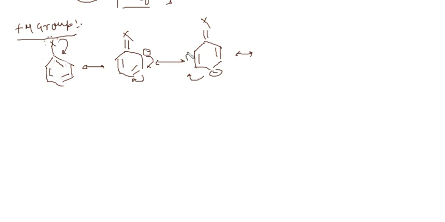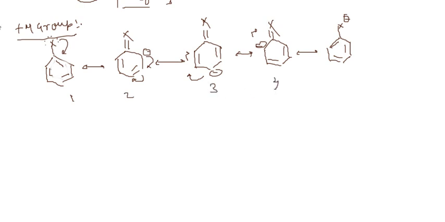Again, if we rotate the resonance and donate the electron, the negative charge appears at another position. Altogether, we have drawn four resonating structures. Considering the ring as a system, the halogen is donating electrons, which is why it is considered a plus M group.